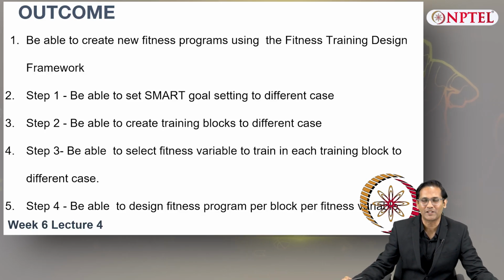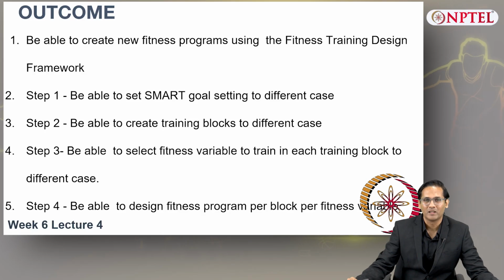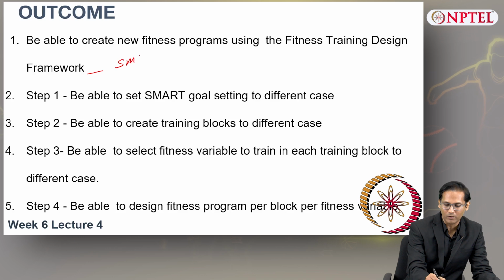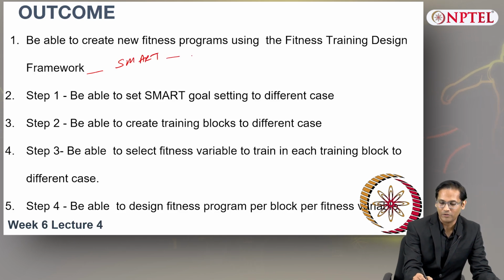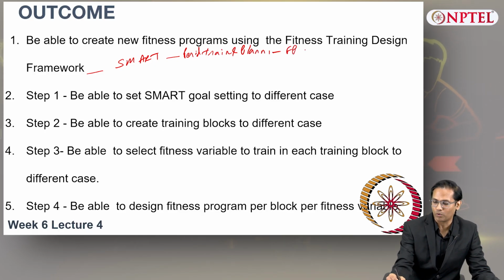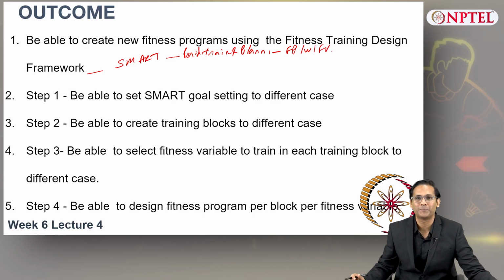The outcome of this lecture is you should be able to create a new fitness program using fitness training design framework, where you identify the SMART goal, then you set a periodized training and planning, and then you design a fitness program per week per fitness variable.